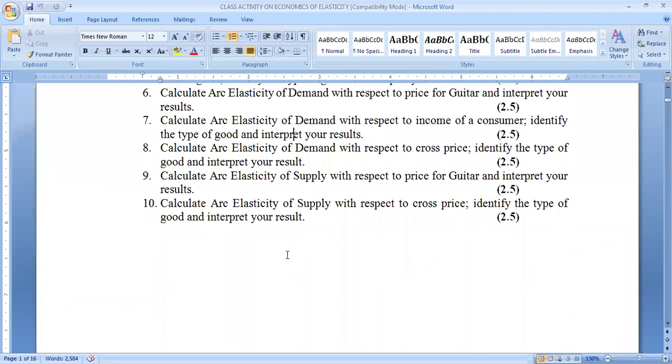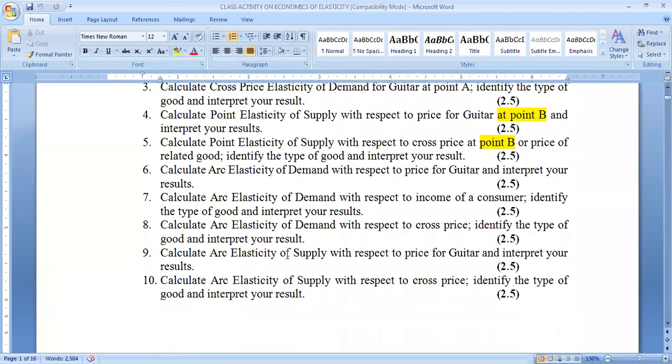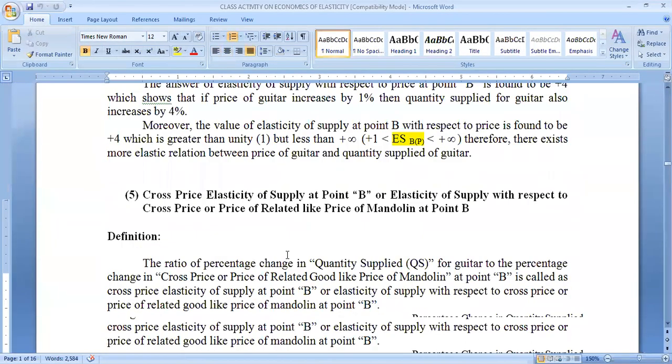So now let's start answering questions number 6 to 10 so that we could have a practical understanding of how questions related to arc elasticity of demand and arc elasticity of supply can be handled using this particular table. Now let's move towards question number 6.